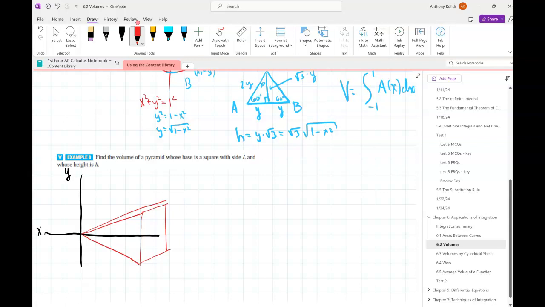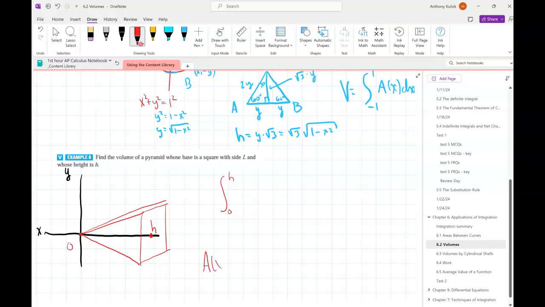Okay, so I know that here's 0, and this would be h. So we're going to be integrating from 0 to h.